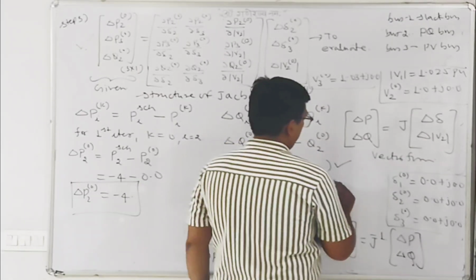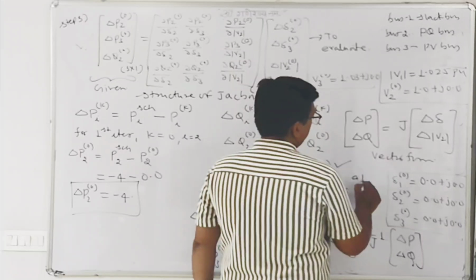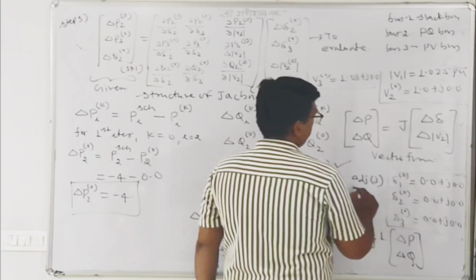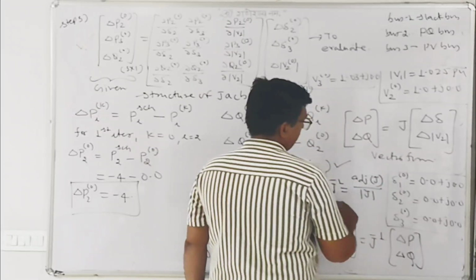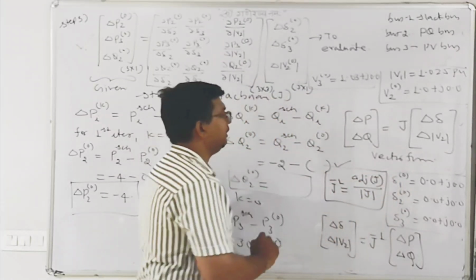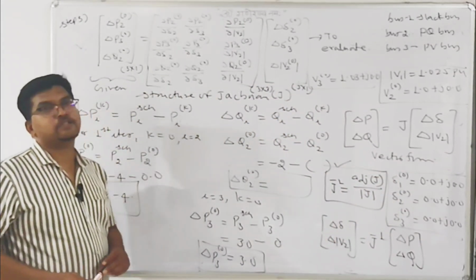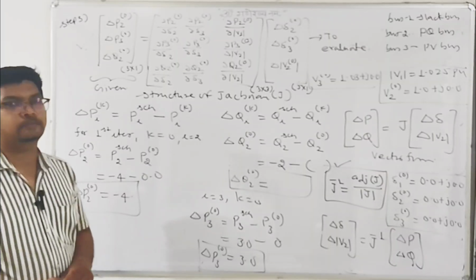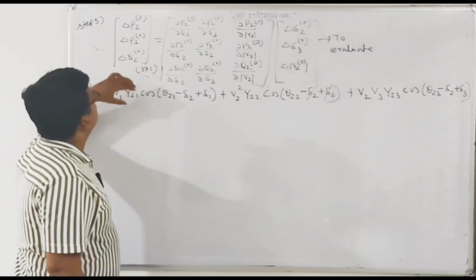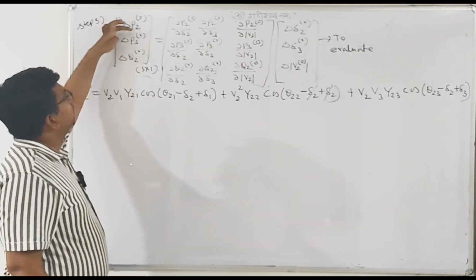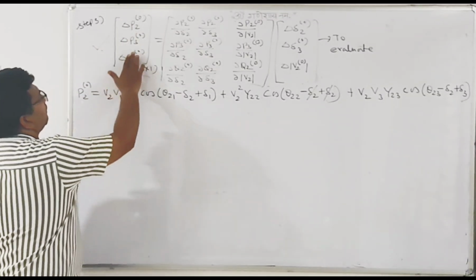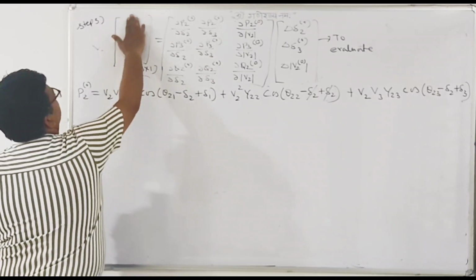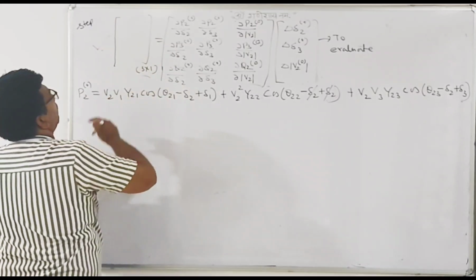And you very well know how we determine the inverse: the adjoint of a matrix divided by the determinant's value. This is the way of calculating the inverse of any square matrix. After calculating the change in P2, P3 and Q2, what are these changes in value? We have already determined them in the last step. What was this?